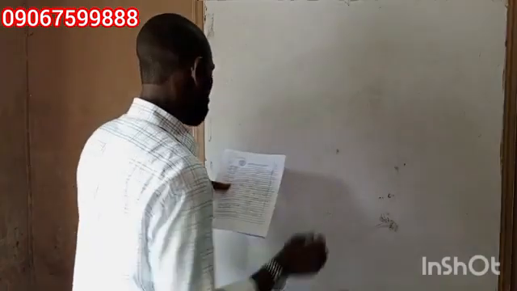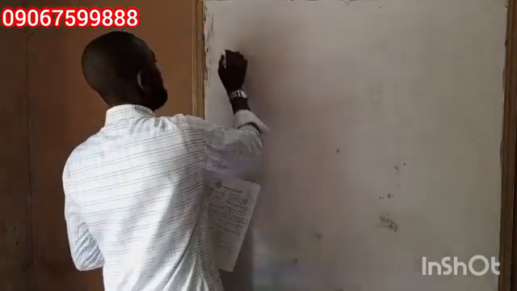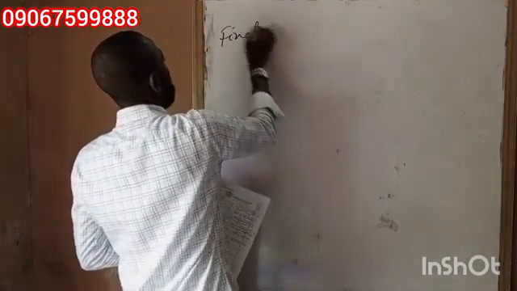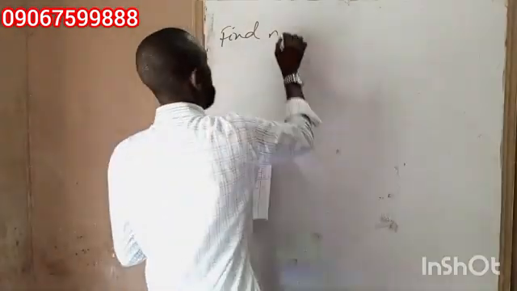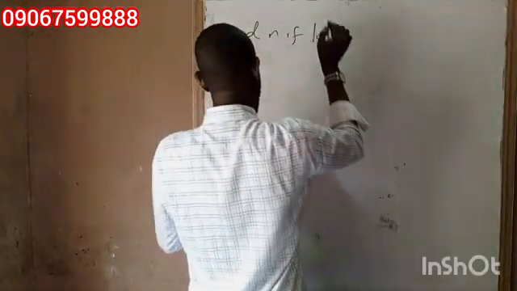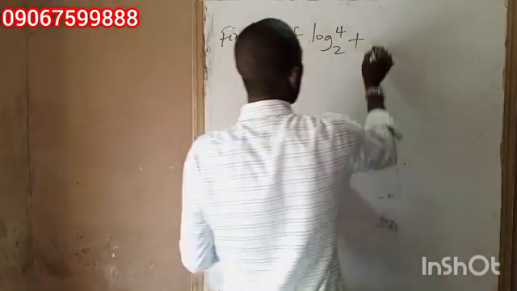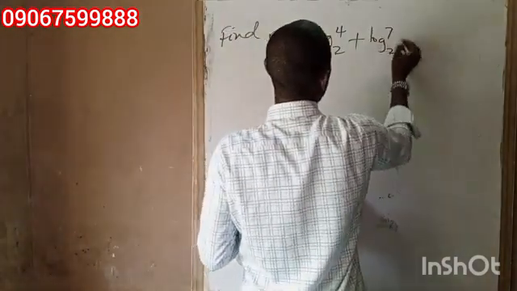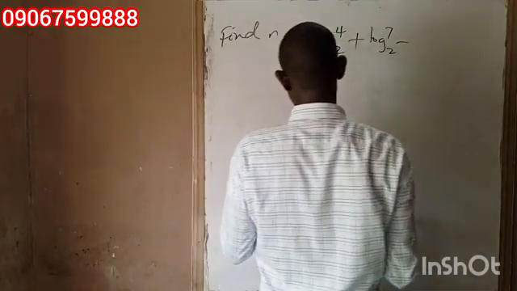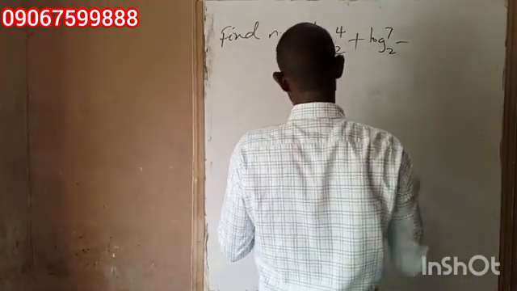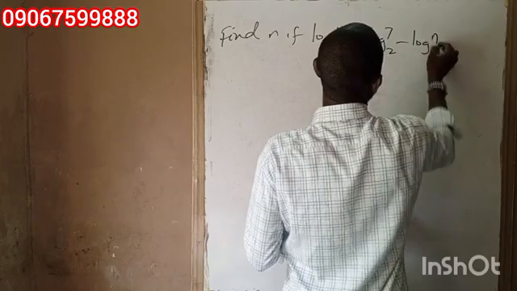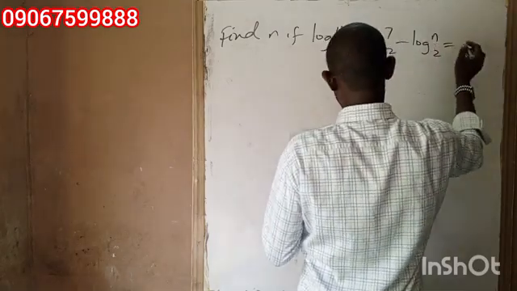Find n. So it's a question that involves equation. We have to find n. Find n if log 4 base 2 plus log 7 base 2 minus log n base 2 equals 1.